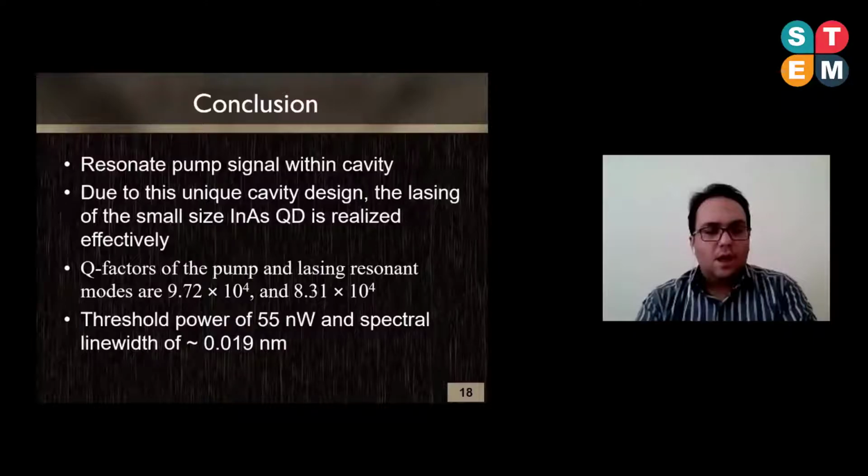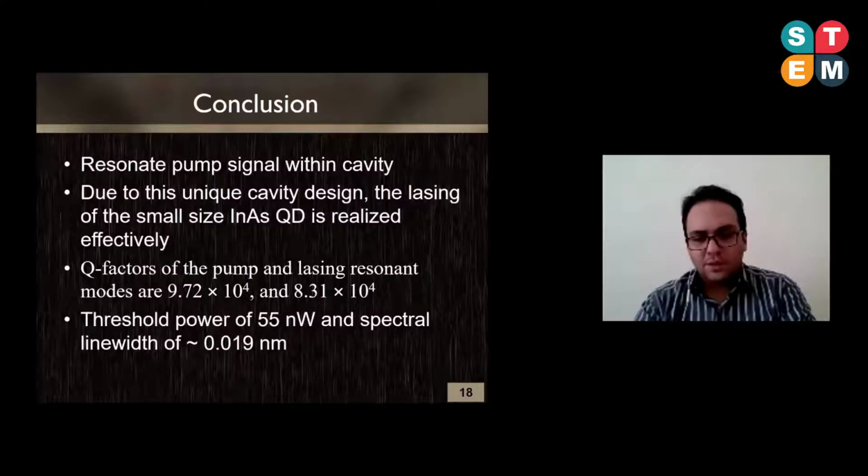As a conclusion, analyzing the simulation results with regard to the wide range of semiconductor lasers indicates that the proposed laser, due to its beneficial properties such as sharp spectrum and low threshold power, can potentially be instrumental in practical photonic integrated circuits and lab-on-a-chip systems.